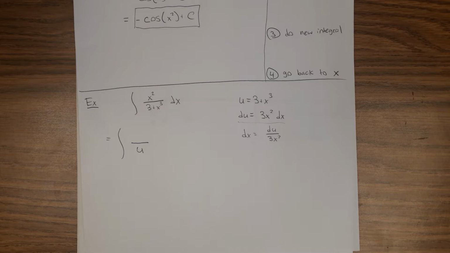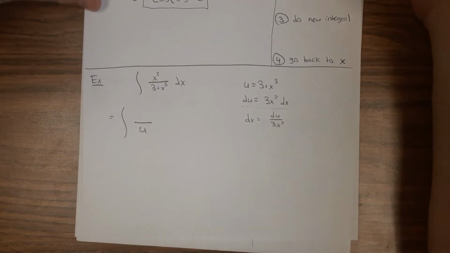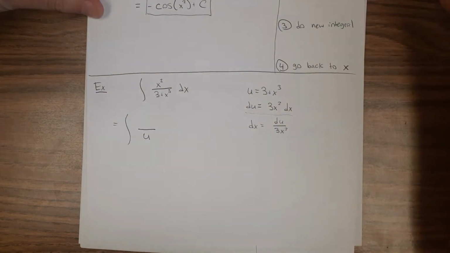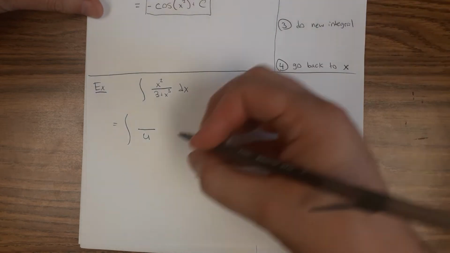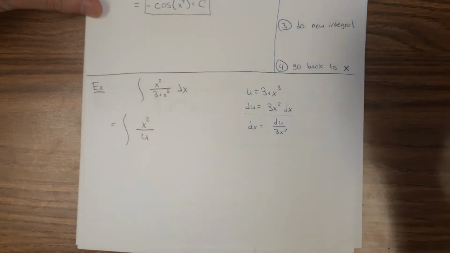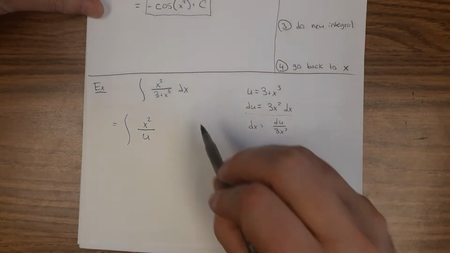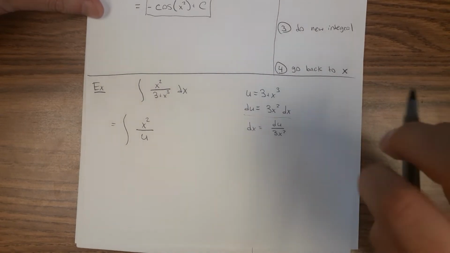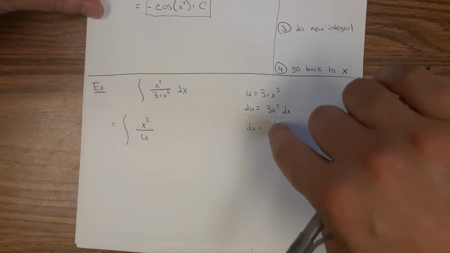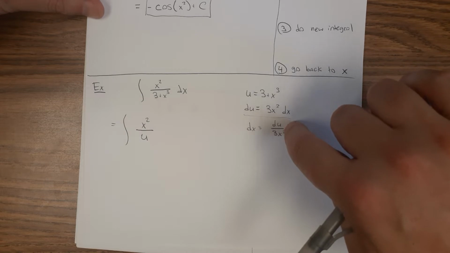And that's okay. I know that I'm not done if I have both x's and u's, because ultimately my goal is to not have any x's at all. But it's okay to have an intermediate step with both. So here I go. This x squared, I'm not sure what to do with right now, but I can just write x squared. This dx, I'm just going to write what I got when I solved for dx.